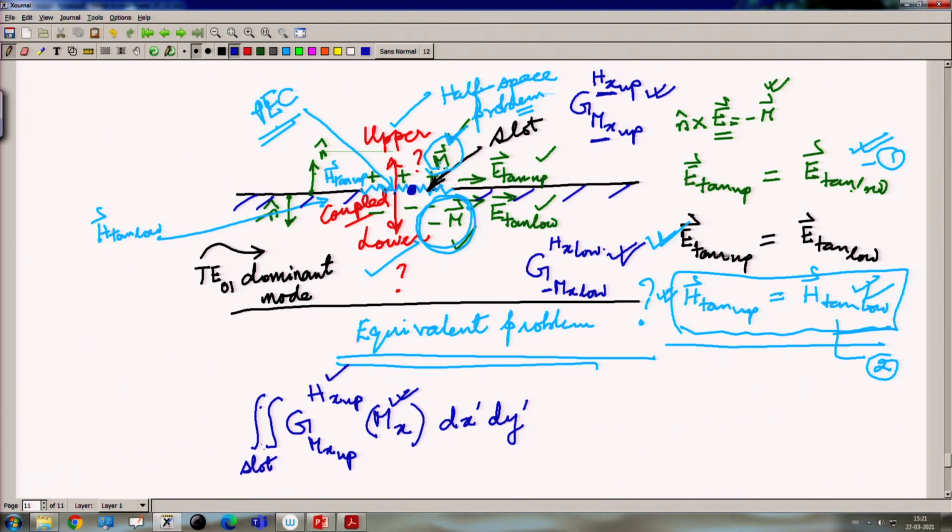That Green's function is convolved with this magnetic current and integrated over the area of the slot. These two primes denote the location of the source, because the magnetic current is located over the entire slot. So, this is integrated over the slot.